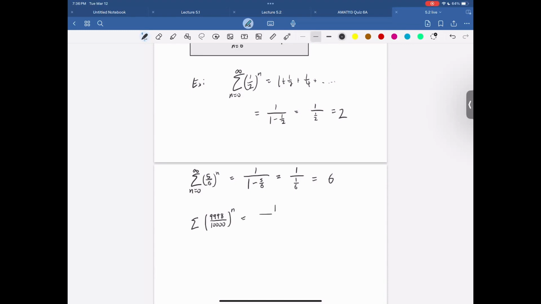This is less than 1, barely. So this thing is going to be equal to 1 over 1 minus 9,998 over 10,000, which is really equal to 1 over 2 over 10,000, which is 10,000 over 2, which is equal to 5,000.